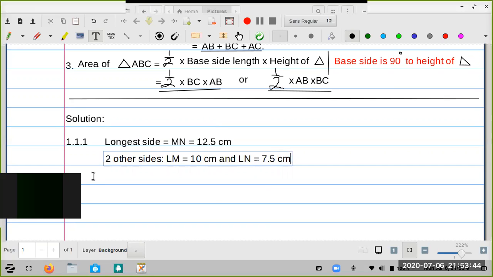Now, by Pythagoras theorem, I'm just redefining Pythagoras.